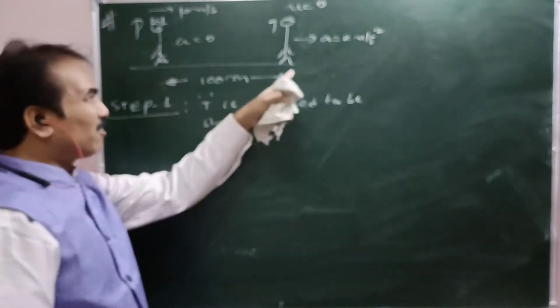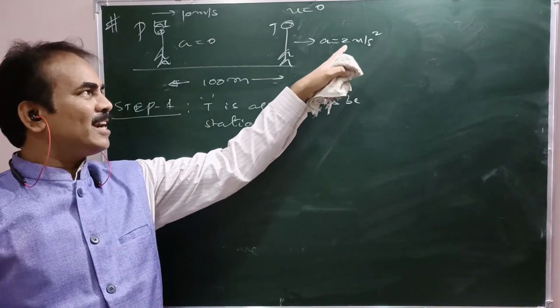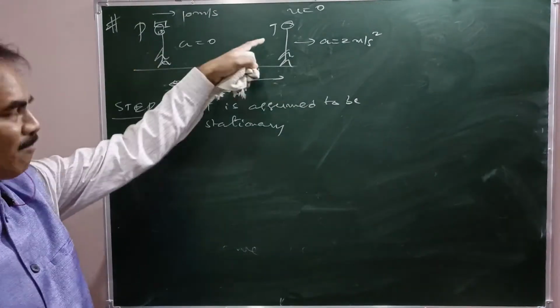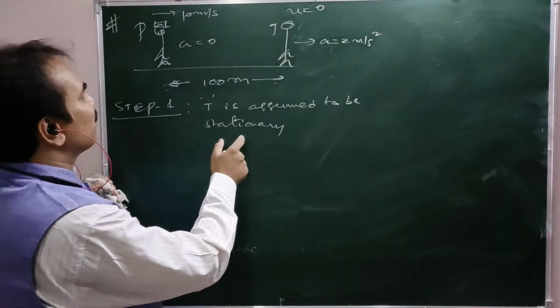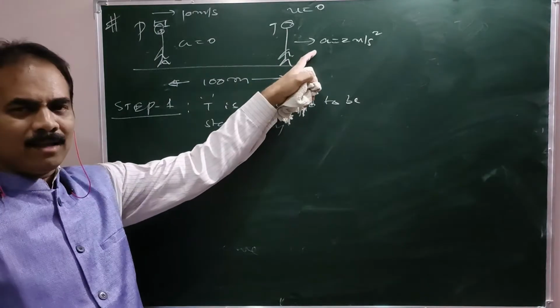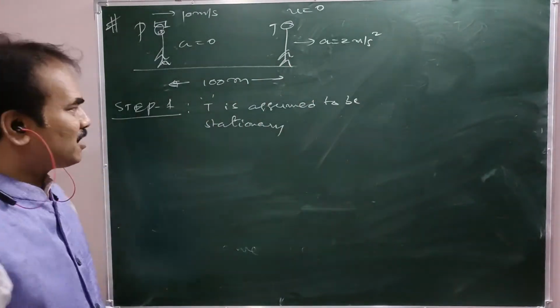Of course, with respect to ground, he is running at a constant acceleration of 2 meters per second square. But if you want to get the closest approach of P from T, we have to assume that T is stationary. Even though he is running, we have to assume that T is stationary.